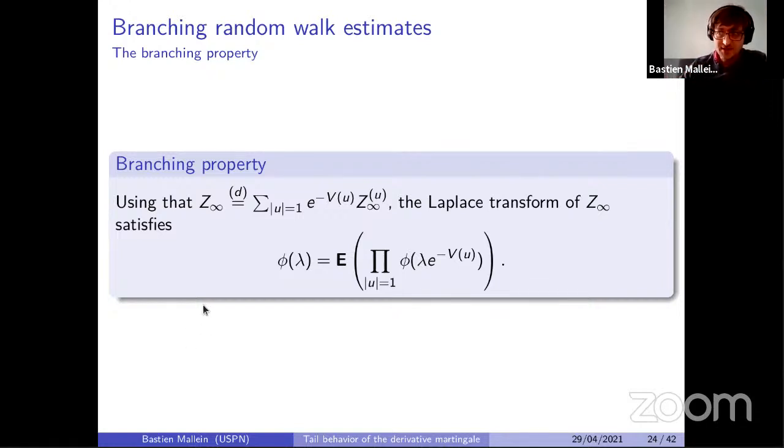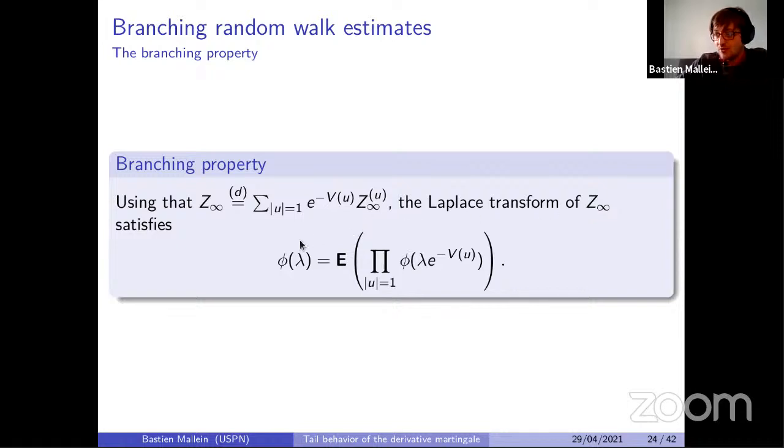So the derivative martingale has to be equal in distribution to the sum, over all particles alive at the first generation, of e to the minus the position of the particle multiplied by the limit of the derivative martingale associated to each of the subtrees. So you have a nice identity in distribution satisfied by the derivative martingale of the branching random walk, which almost characterizes the law of Z infinity.